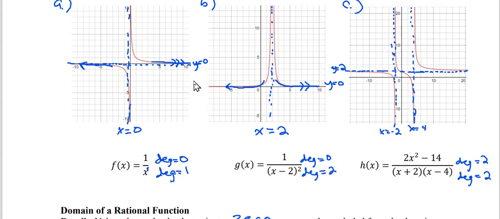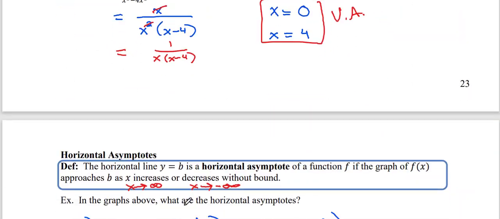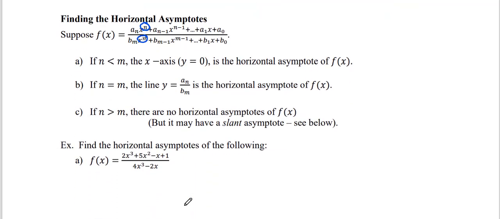And that is true. That is what this first statement says here: if n is less than m, meaning the degree of the numerator is less than the degree of the denominator, the x-axis is the horizontal asymptote.